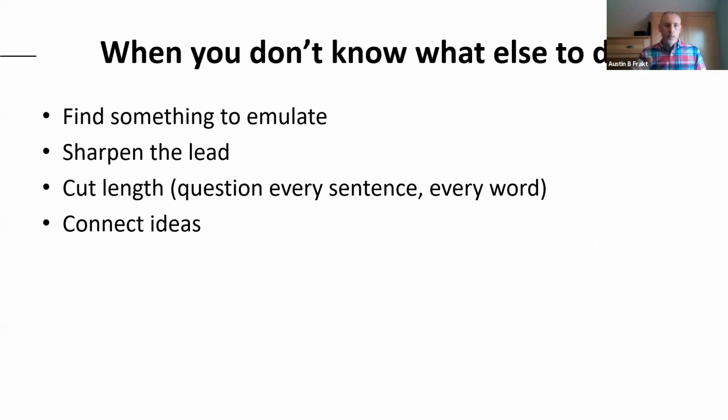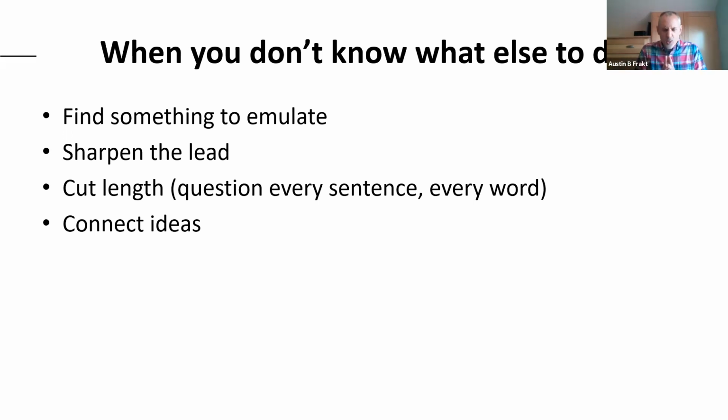Look at the lead, compare it to other leads, try to sharpen it, just work on it. You can be like a robot and look at every sentence and every word and ask yourself, can this be simpler and shorter? Do I need it? Literally forget everything else and go sentence by sentence: could I make this shorter?